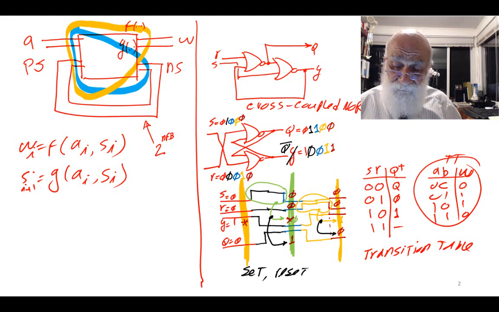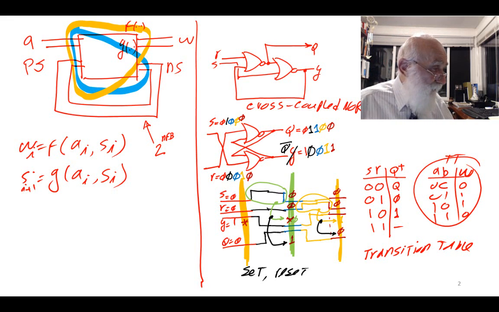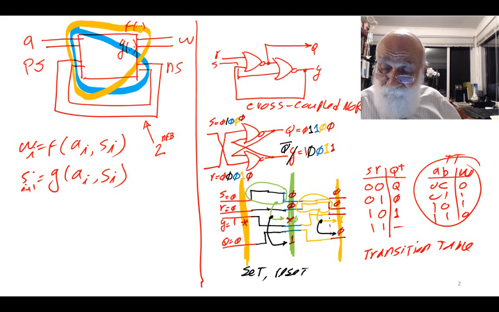All right. So we just built our own first memory element, and now let's see if this is good. This is enough of what we need.